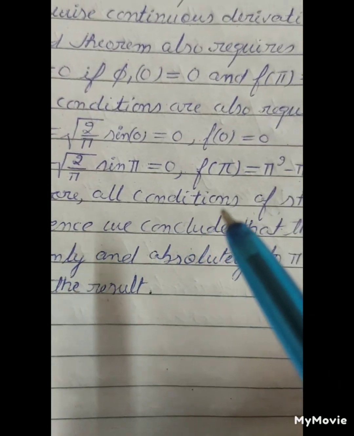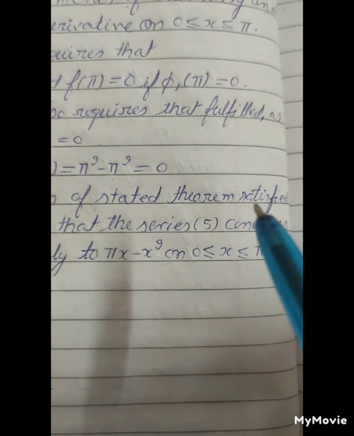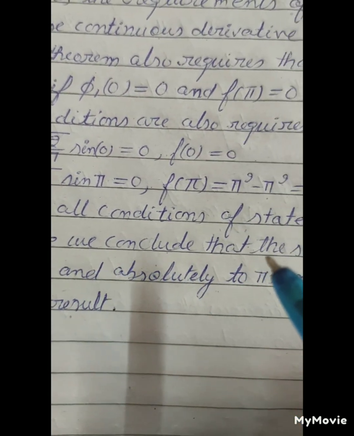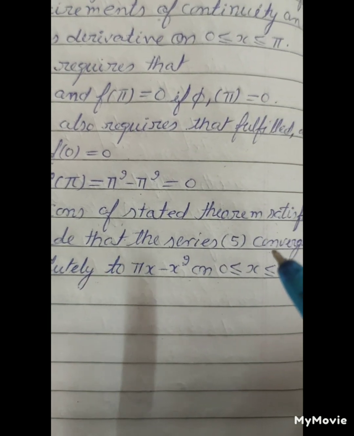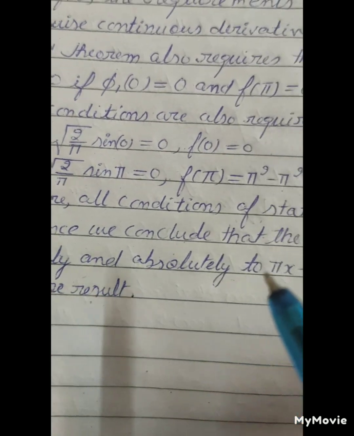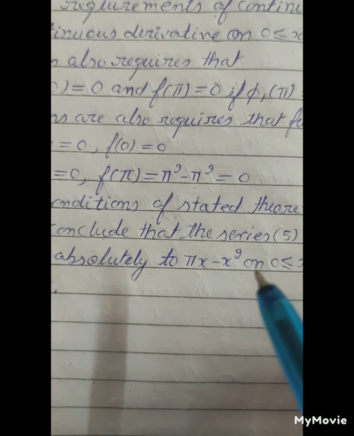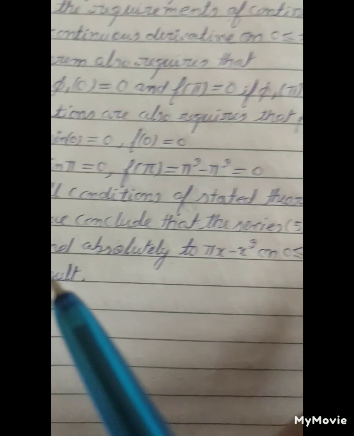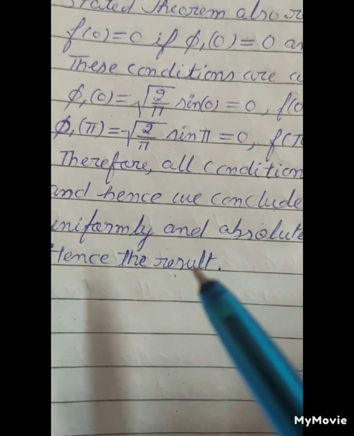Therefore all the conditions of the stated theorem are satisfied, and hence we conclude that the series 5 converges uniformly and absolutely to pi x minus x square on 0 is less than or equal to x is less than or equal to pi. Hence the result.